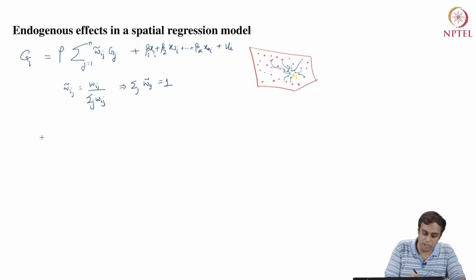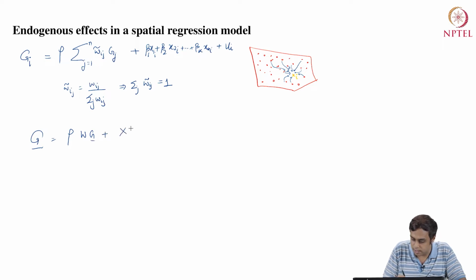In the matrix form, we can write this as G equals rho Wg plus X beta plus u, where X will be n by k, and beta will be a k by 1 vector, plus u, which is an n by 1 vector. G is an n by 1 vector, and so is this one.